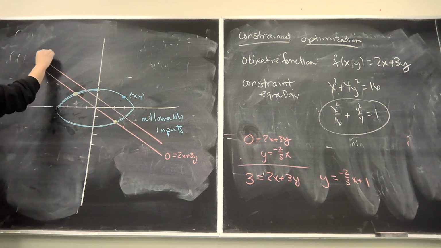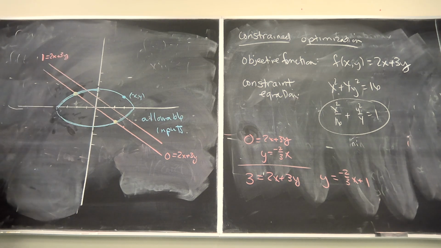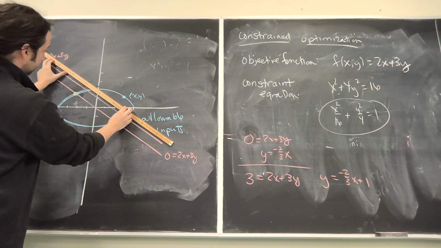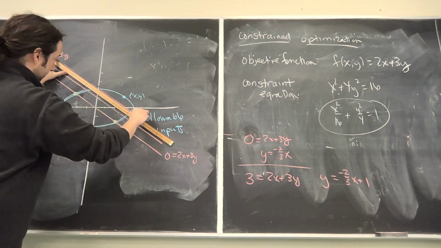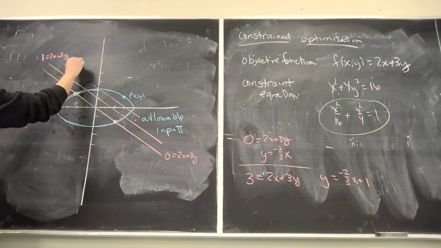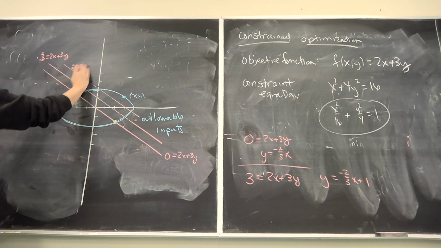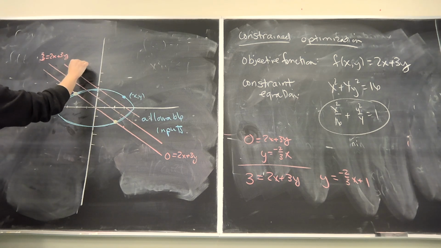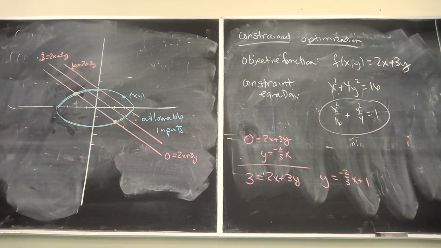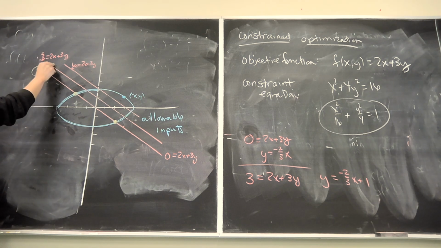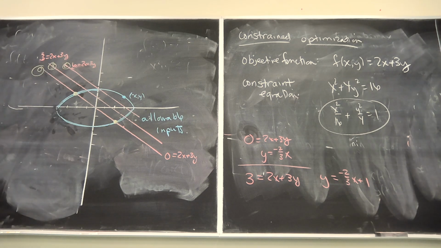If I continue doing this, this curve right here will happen when, sorry, this was not 1. What did I do here? This is 3. This point right here will be 6 is equal to 2x plus 3y. Does that make sense? I'm just plotting out different level curves of that function. The values on every point in this curve are all 0. The values on this curve are all 3. The values of this curve are all 6.